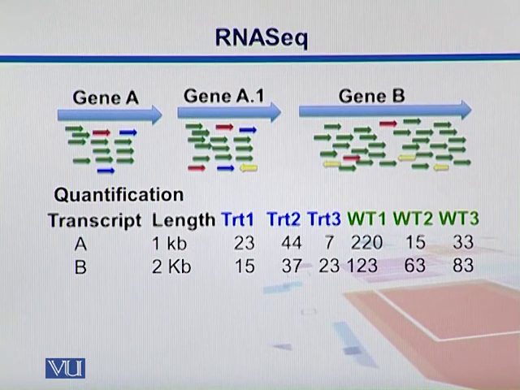So we have transcript A, whose length is 1 kb, and in treatment 1 we observe that there are 23 reads which hit this gene. In treatment 2, it's 44, and in treatment 3, it's 7. Basically there are 3 replicates for the same treatment, and we are comparing with the 3 replicates from the wild type. In this way, we can come up with a count matrix like this. So these are in fact the raw read counts.